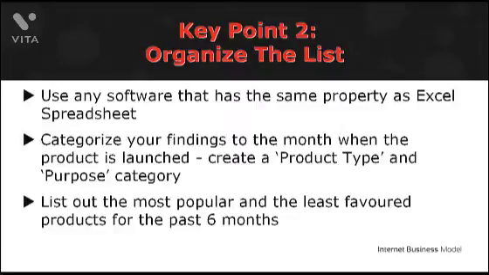For example, a web-based software that generates graphics and logos. The last category and column is purpose. For example, is the product created for traffic or list building, email marketing, SEO, or logo and graphics creation? This is your job to organize your research so you can easily analyze and measure the data.